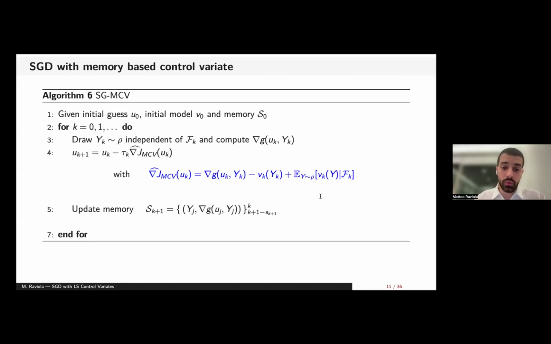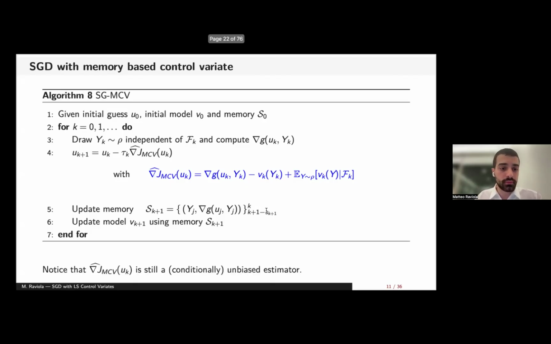Then we update the memory, dictated by our sequence small s_k, which tells us how far into the past we have to look. Then we update the model using the new memory. Note that this grad J hat is still a conditionally unbiased estimator. This is trivial because if you take the expectation, these two terms cancel.